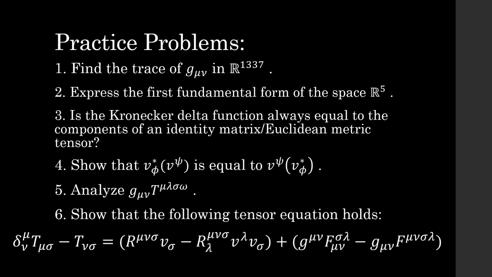So we have the Kronecker delta function upper mu lower mu, or nu, acting on T sub mu sigma minus T sub nu sigma equals the quantity R upper mu nu sigma acting on the covariant vector V sub sigma minus R upper mu nu sigma sub lambda acting on the contravariant vector V upper lambda and the covariant vector V sub sigma plus the quantity G upper mu nu acting on F upper sigma lambda sub mu nu minus G mu nu times F upper mu nu sigma lambda.